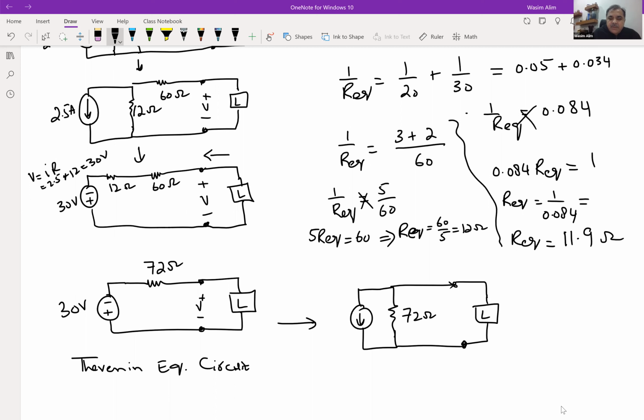And the current is I equals V over R. So it's 30 divided by 72. Let's find this value.